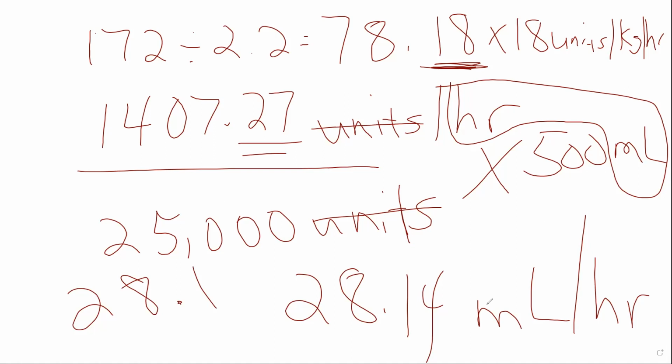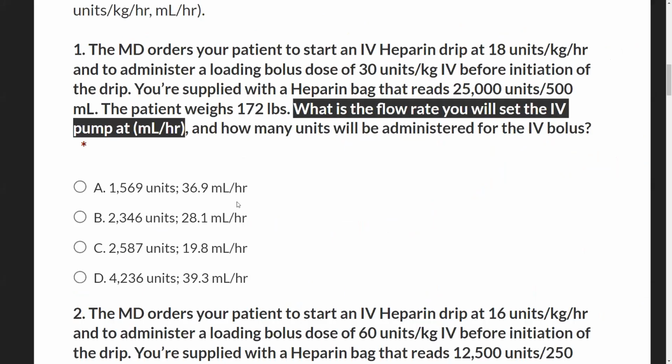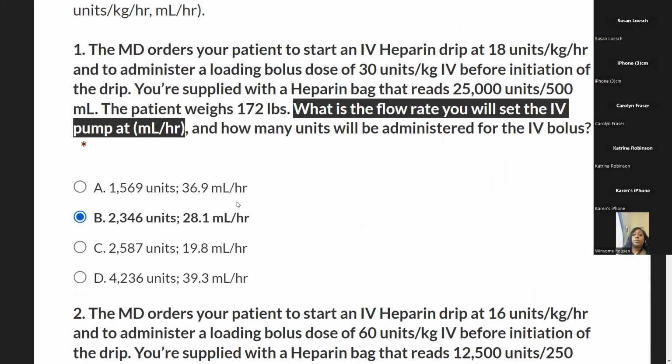Is there a 28.1 up there? Yes, that's B. Okay. So the other answer is 23.46. Really there, you would have just taken your weight, 172 divided by 2.2 times 30 equals 2345.